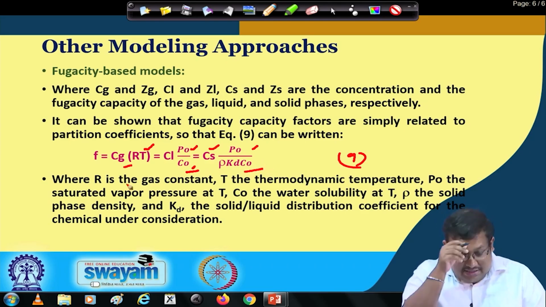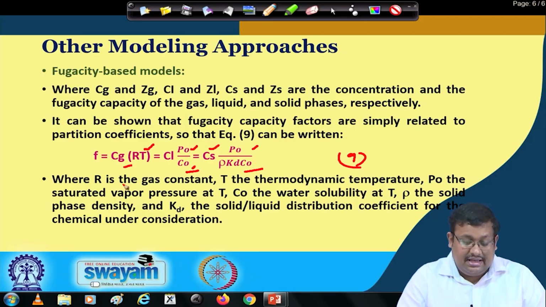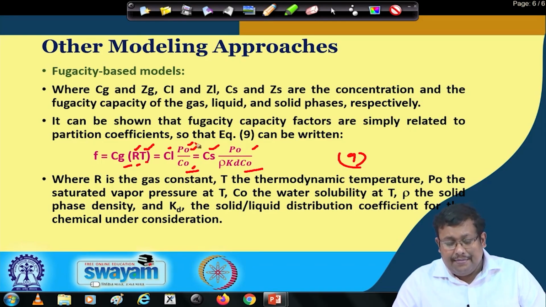Now, in the gaseous medium, we can represent the fugacity with Cg, the concentration in that compartment, and RT, where R is the gas constant and T is the thermodynamic temperature. Cl is the concentration of the liquid, P0 is the saturated vapor pressure at T, and C0 is the water solubility at T. Here rho is the solid phase density, and Kd is the solid liquid distribution coefficient.